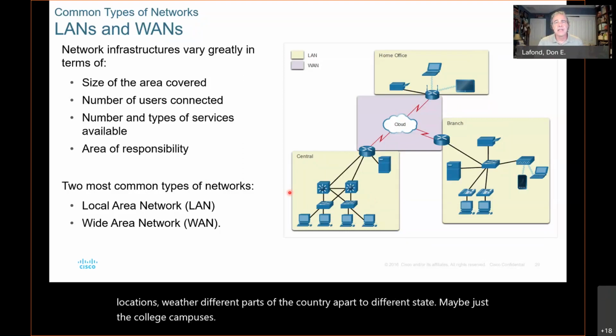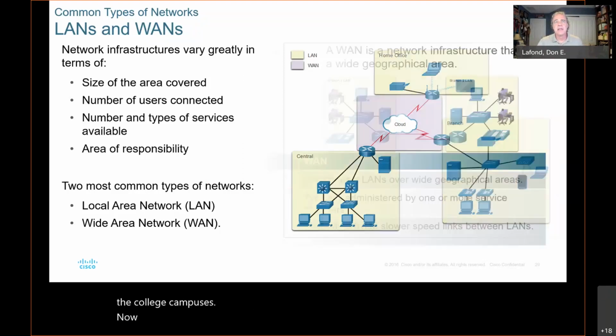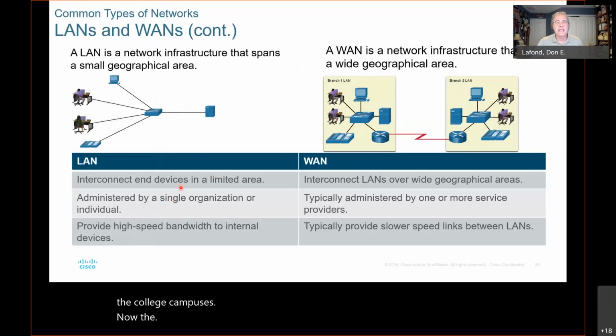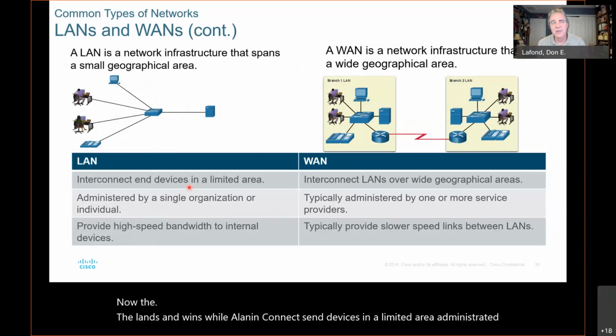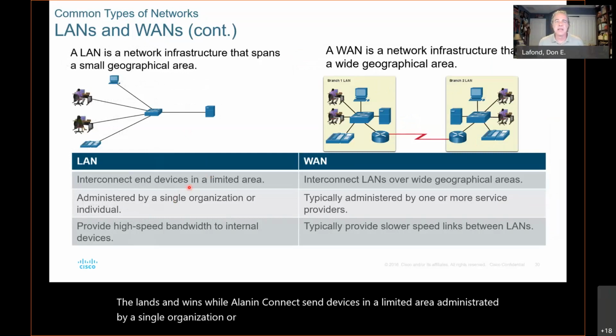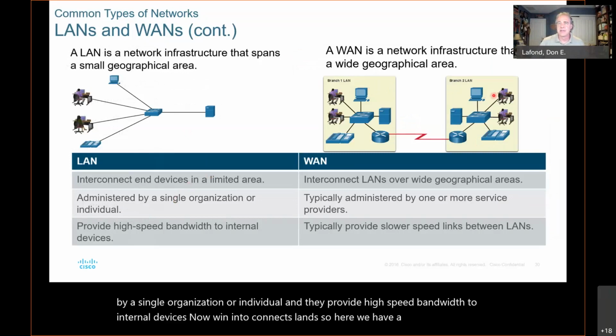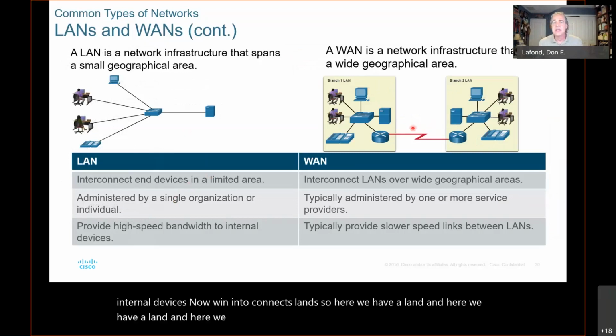Now, a LAN interconnects end devices in a limited area, administered by a single organization or individual, and it provides high-speed bandwidth to internal devices. Now, a WAN interconnects LANs. So here we have a LAN, and here we have a LAN, and here we have a LAN, and a WAN connects them. Typically administered by one or more service providers.